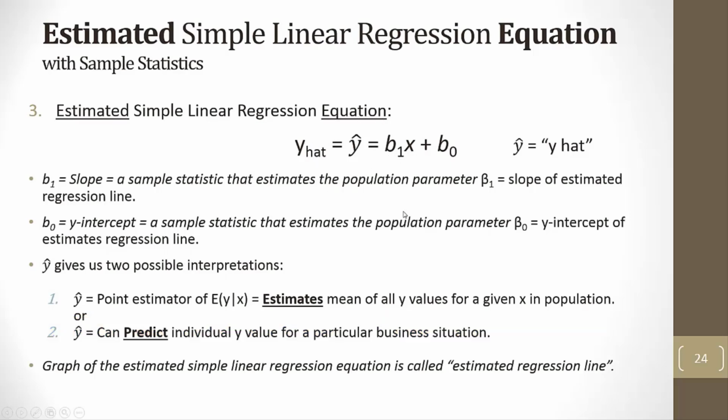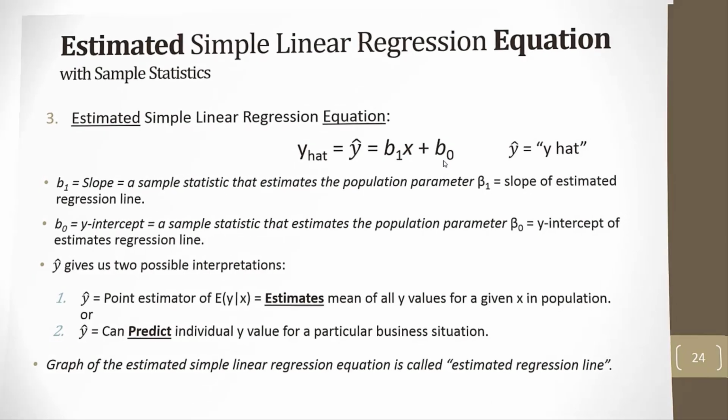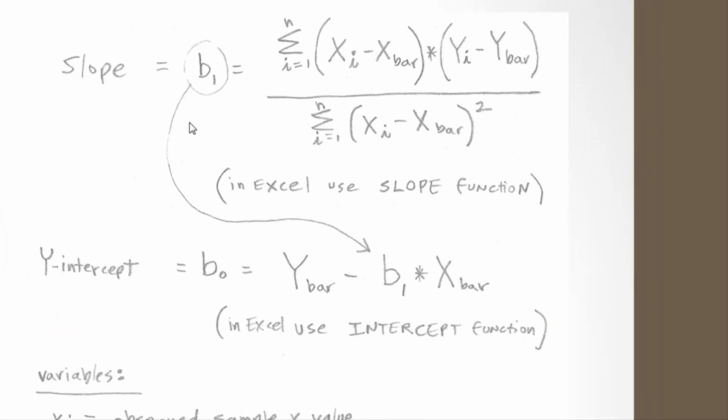Now we need our formula for calculating slope and y-intercept. Let's go to slide 27. For slope, b sub 1, we have a numerator and denominator. And look at this, this is the same deviation of x times deviation of y we did for covariance and correlation. Then in the denominator, we take the sum of the x deviations squared.